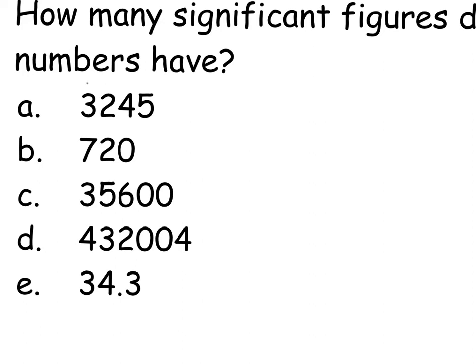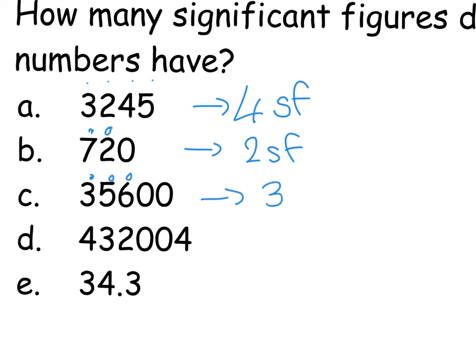So I count the first number, the second number, the third number, the fourth number. That has got 4 significant figures. And for short, for significant figures, I'm just going to write SF, okay? On this second one, remember what we said, zeros at the end don't count. So I count the 7 and the 2. So this one has got 2 significant figures. Not counting the zeros at the end, this has got 1, 2, 3 significant figures at the front.